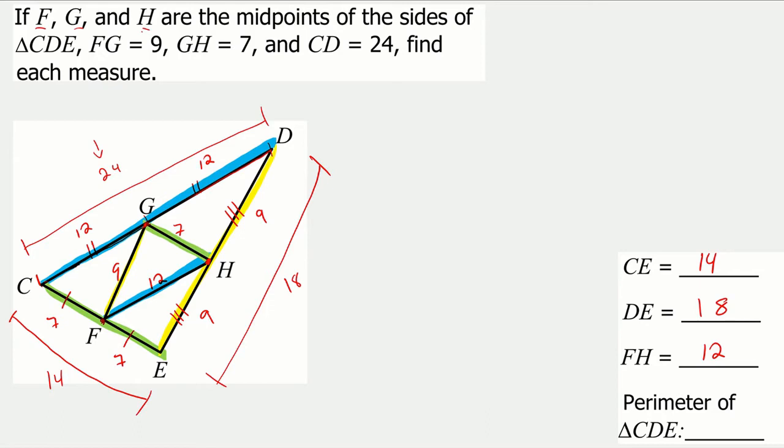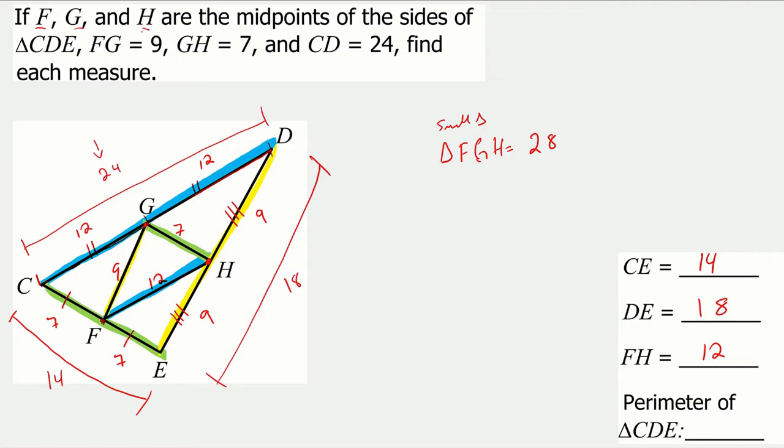And I want us to find the perimeter of triangle CDE. Triangle CDE is the big triangle. But I want to show you guys something. The perimeter of the triangle FGH: we got 9 and 7, that's 16, plus 12, that's 28. That's the small triangle.